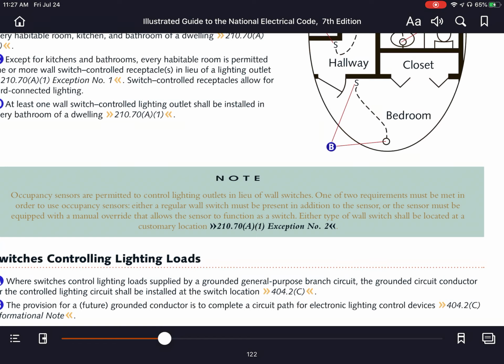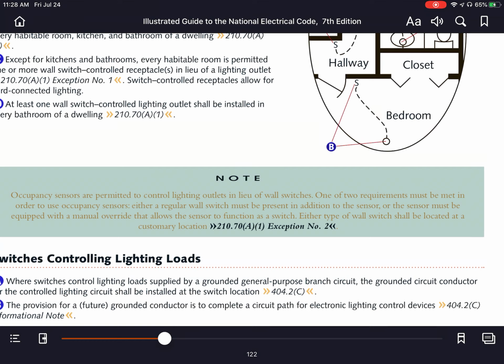So occupancy sensors, we look at this note here. Occupancy sensors are permitted to control lighting outlets in lieu of wall switches. One of two requirements must be met in order to use occupancy sensors. Either a regular wall switch must be present in addition to the sensor, or the sensor must be equipped with a manual override that allows the sensor to function as a switch. Either type of wall switch can be located in a customary location.